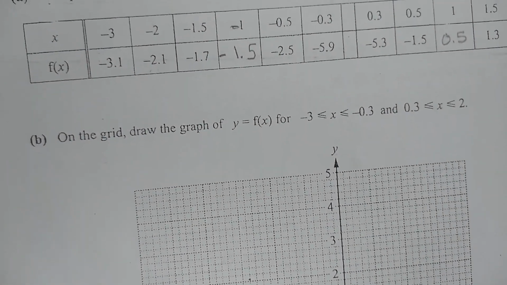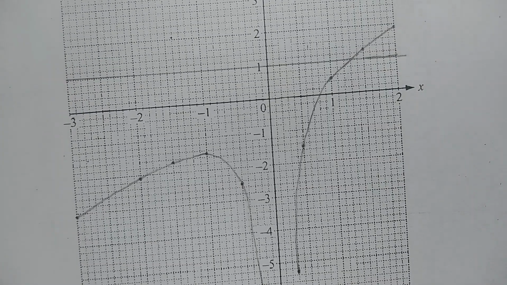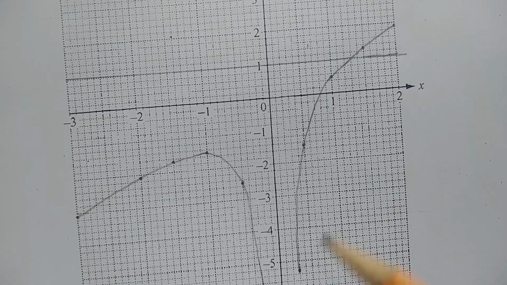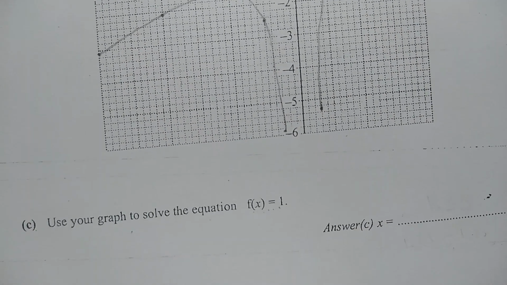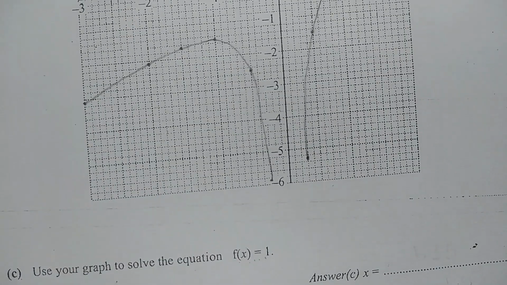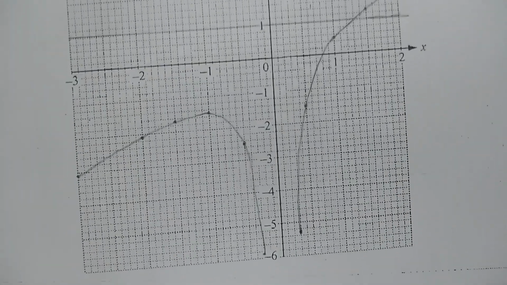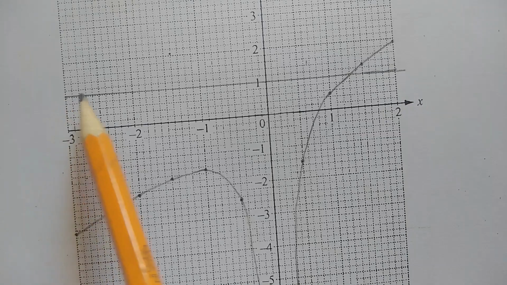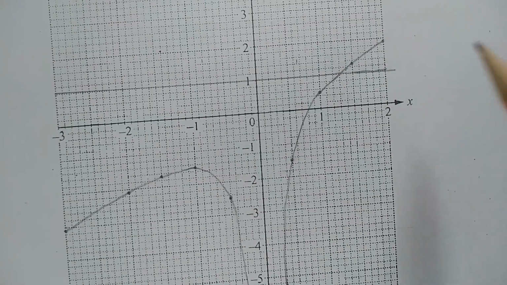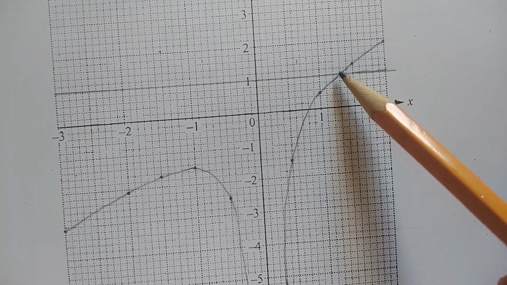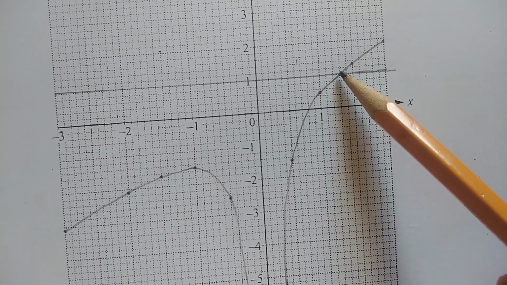When you know those things, it will be easy for you to plot your graph. Okay, this is our curve, this is our graph. Use your graph to solve the equation f of x equals 1. So I'm going to draw the line that crosses the y-axis at 1. After you draw it, where it intersects your graph, that's your answer.